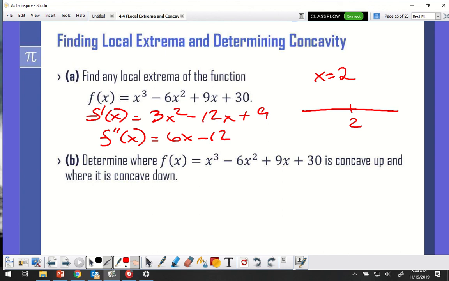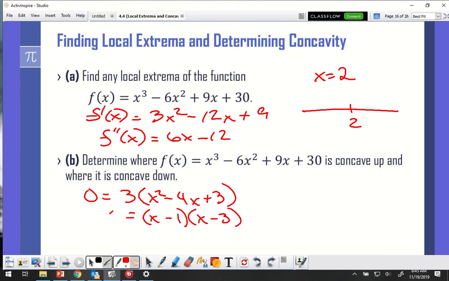So if I set the first derivative equal to 0, first derivative equals 0, so it's going to be 0 equals 3 quantity x squared minus 4x plus 3, and then I should get x minus 1, x minus 3 equals 0.